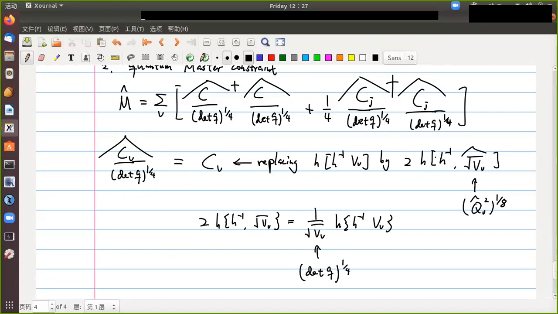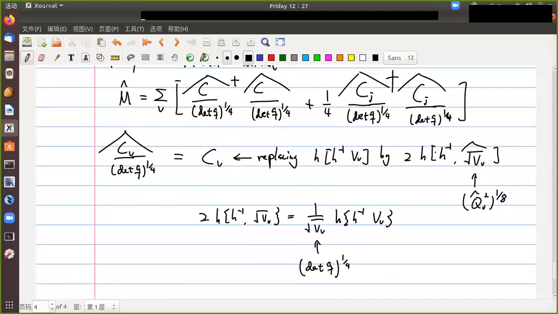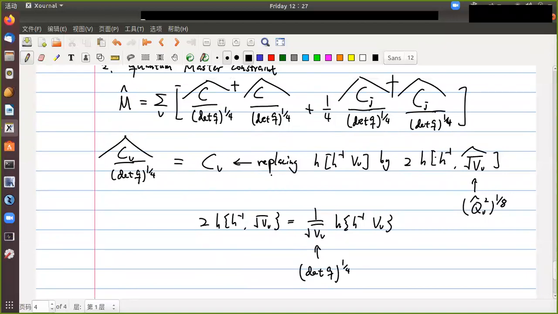Because square root of determinant Q corresponds to volume, but determinant Q to the 1 over 4 is just the square root of volume. So by a simple replacement, you can construct the operator corresponding to C_V divided by determinant of Q to the power 1 over 4.